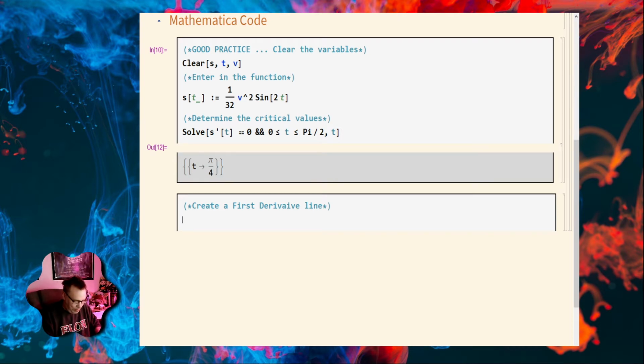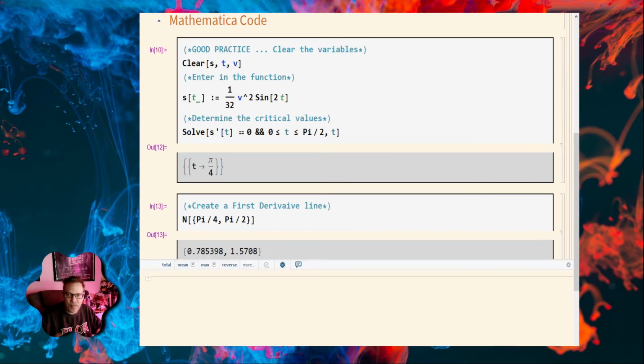Probably the easiest way to do this is to use the numerical key, and I'm going to enter in pi over 4, and then pi over 2, and I'm going to close it up. When I do this, I wind up getting two answers, about 0.8 and about 1.6. I'm just rounding to one decimal place here.